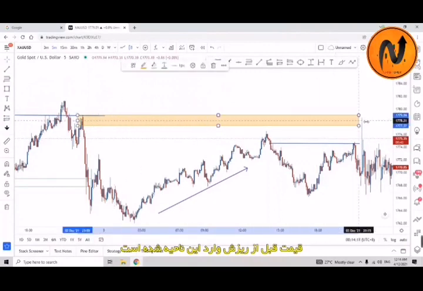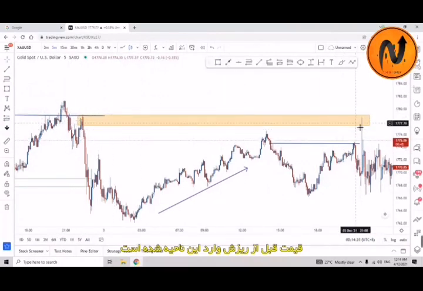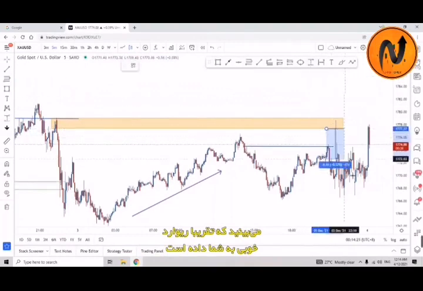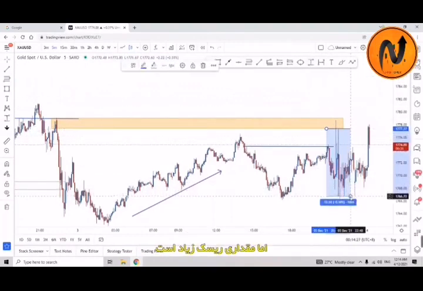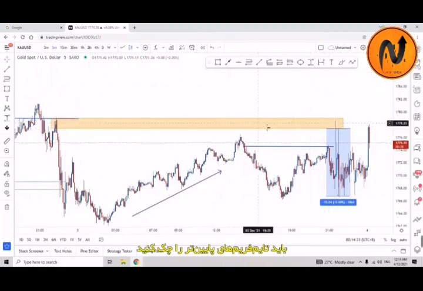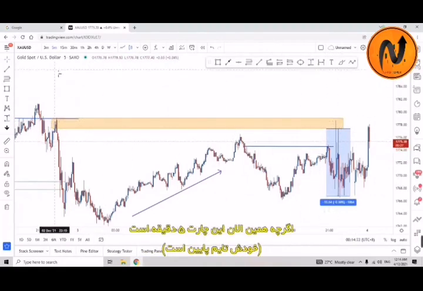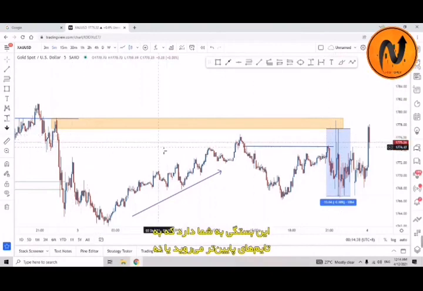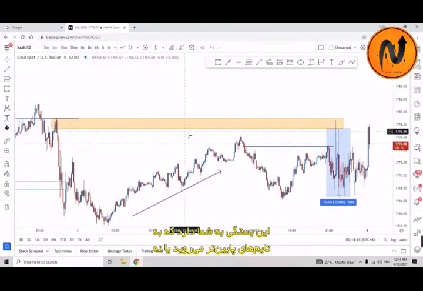So it came into this zone before it plunged down. You can see that it gives you quite an awesome reward too. But there is a bit of risk that you need to go into a small time frame to look at it. However, this is a 5-minute chart, so it depends on you whether you want to go into a deeper time frame or not. It's all up to you.